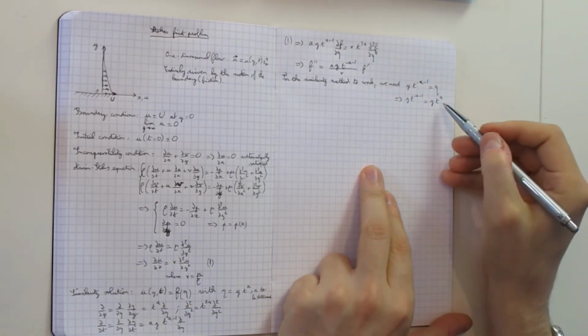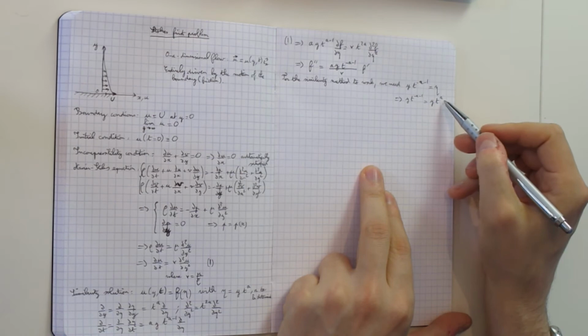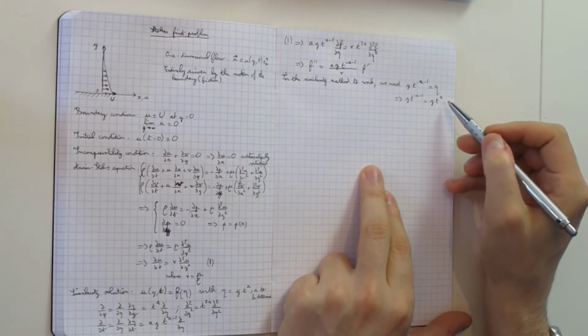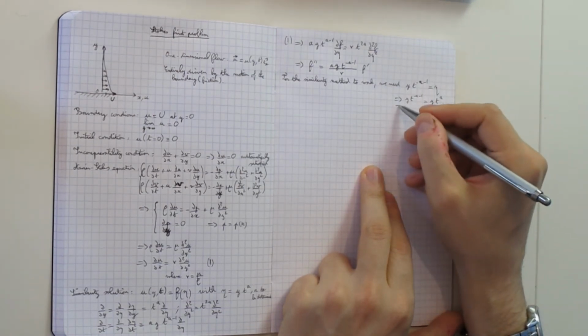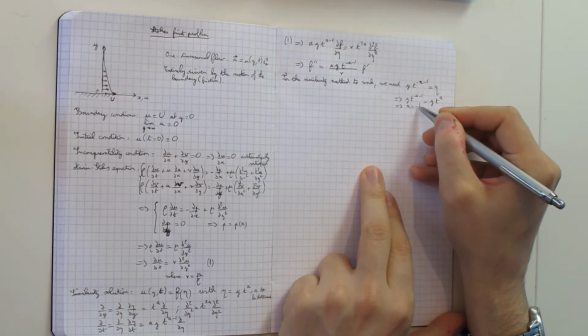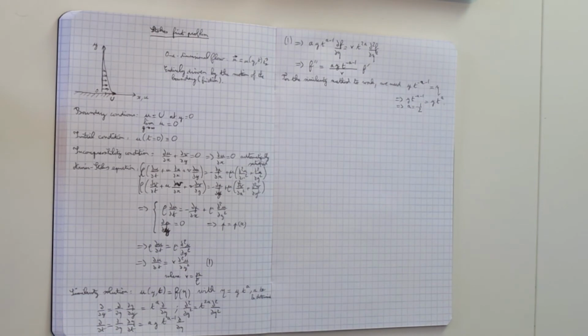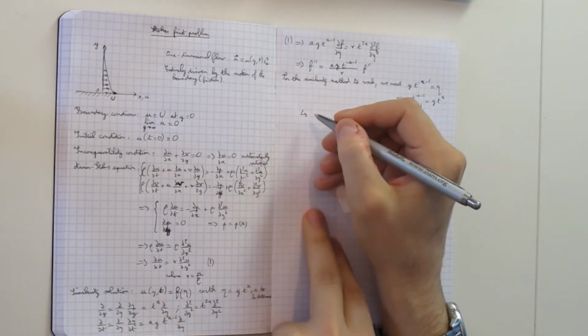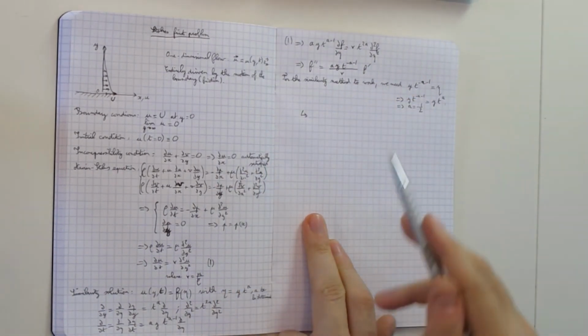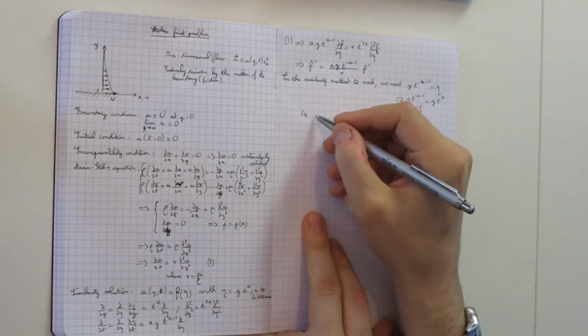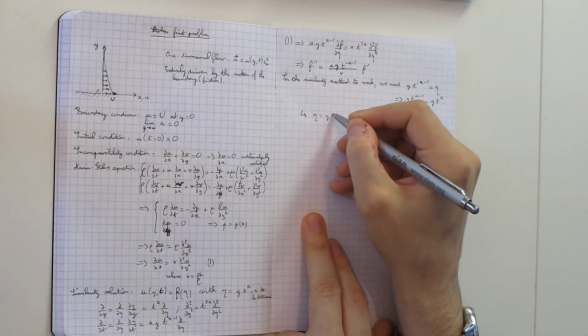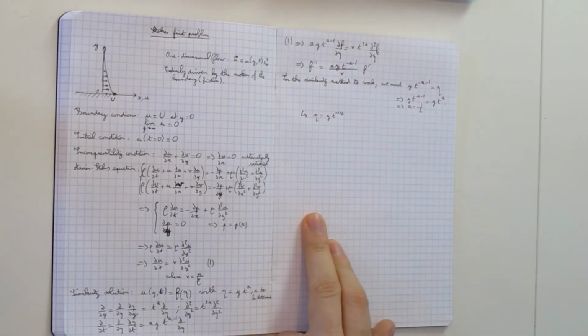And well, this is only valid for a equals minus 1/2. So that gives us that a equals minus 1/2. So based on this, we now have a completely determined definition for eta, which is y t to the minus 1/2.